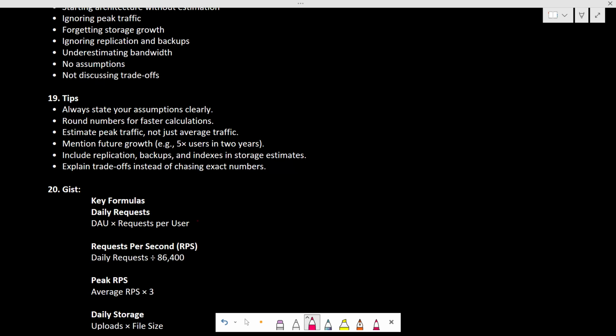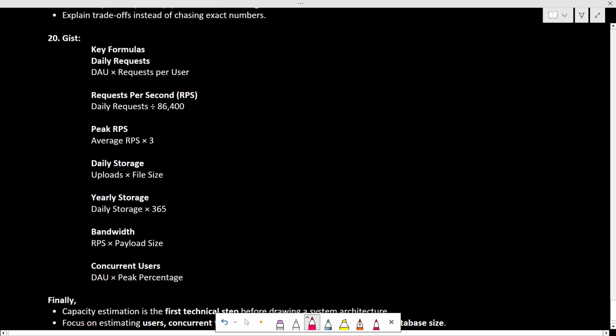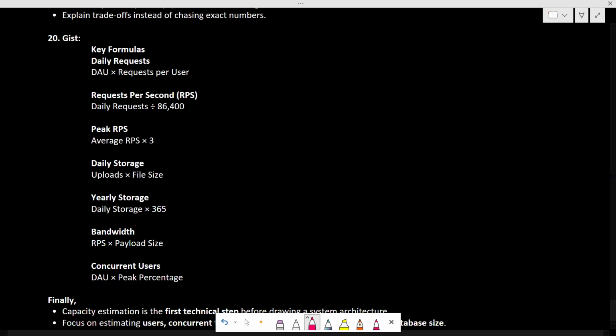So let's quickly revise the important formulas I have discussed. Daily requests are daily active users multiplied by requests per user. Requests per second is daily requests divided by 86,400. Peak RPS is average RPS multiplied by 3.